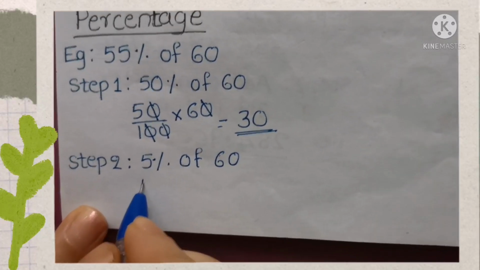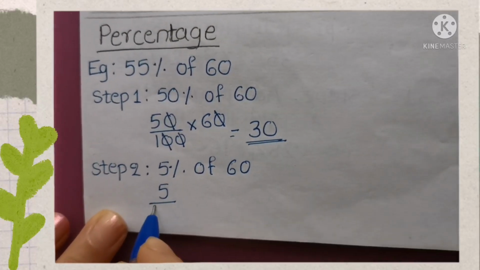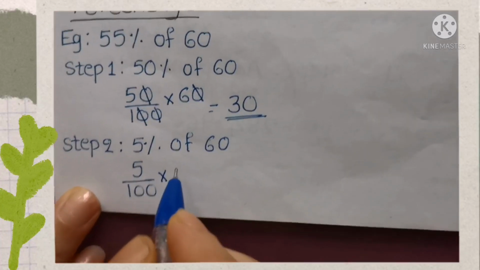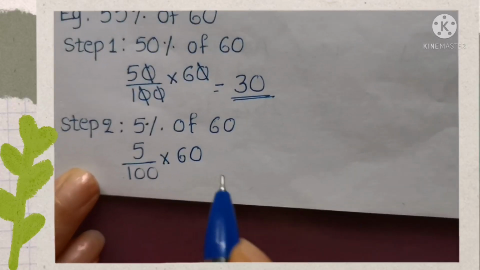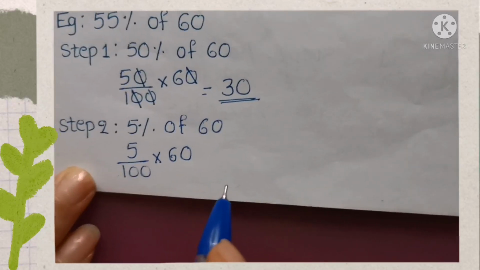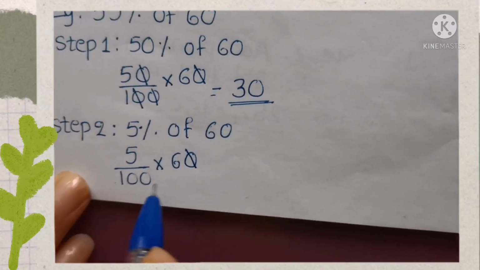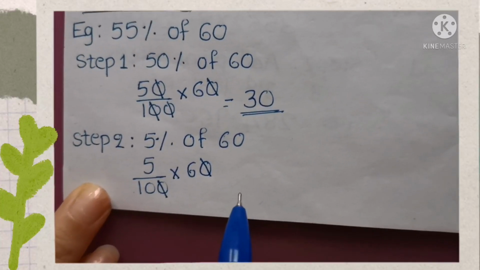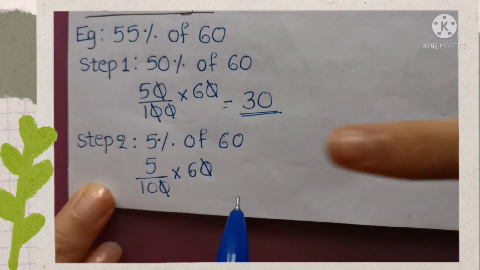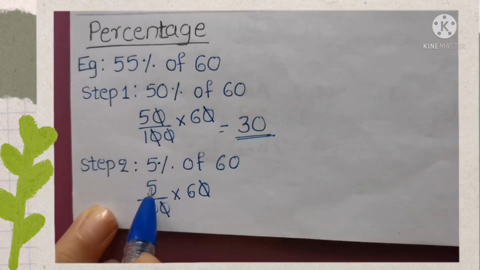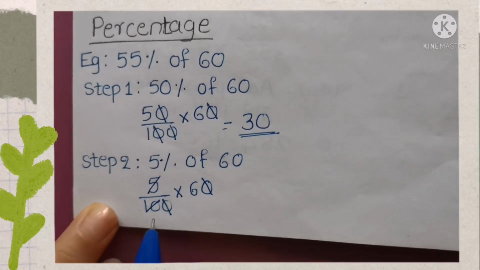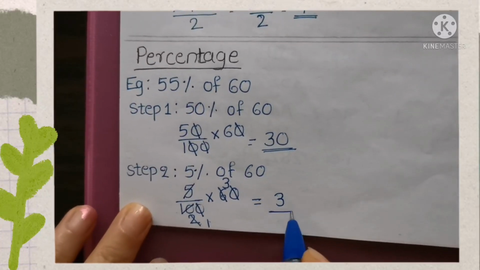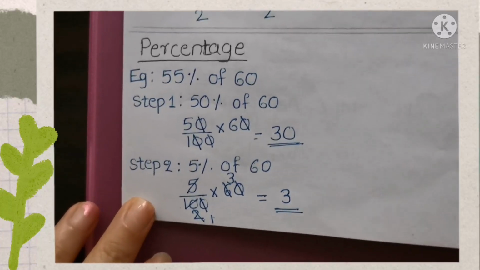As I told in step 1, 50% means 50 out of 100. Here it is the same: 5% means 5 out of 100. So we will write it as 5 into 60 upon 100. First we cancel this 0 with this 0, and our step 2 answer is 3.